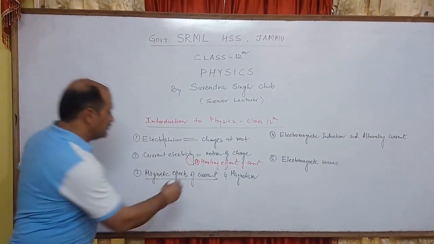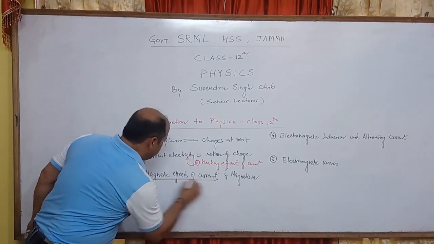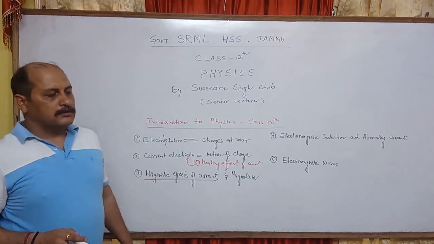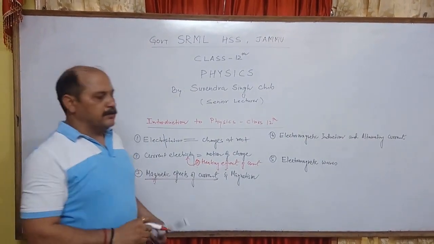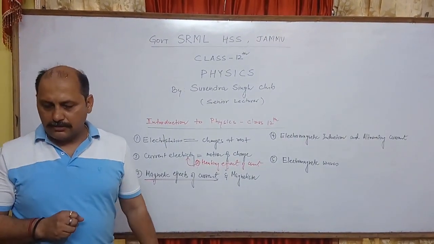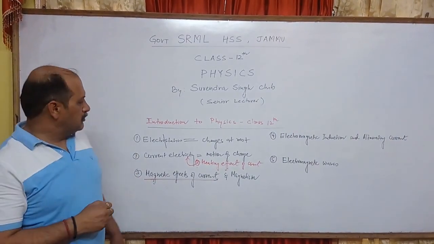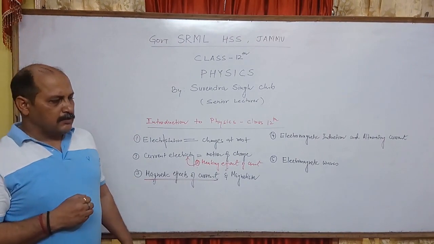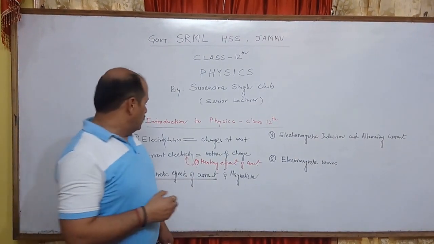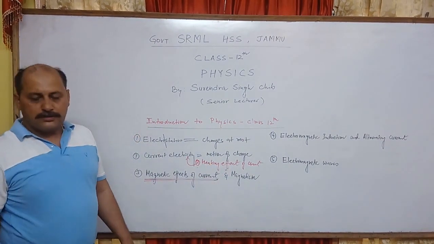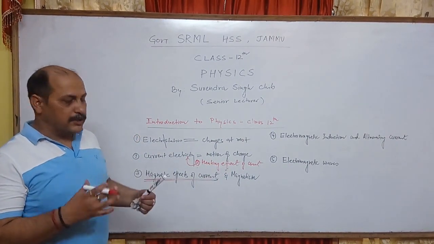Now the next is magnetic effects of current. When current moves in a wire, it produces a magnetic effect. You have studied this in 10th class also, Oersted experiment. We can give a demonstration of this, that when current flows through a wire, it produces magnetic effects, magnetism around it.